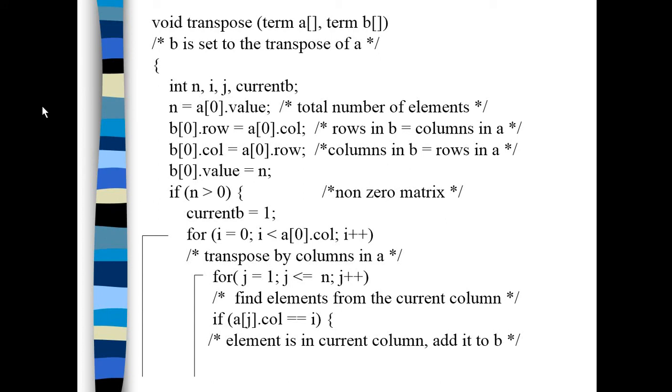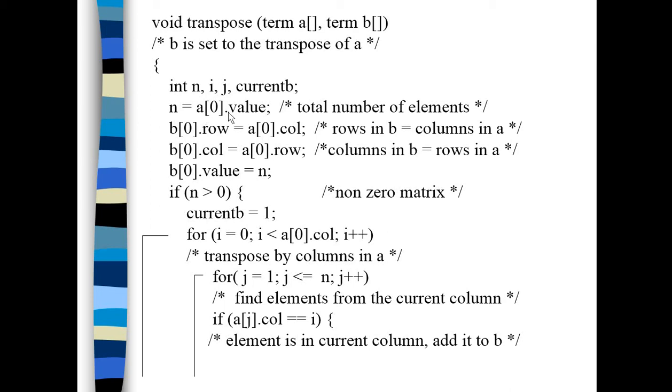Let's see the simple transpose matrix. We will pass the actual matrix and where we want to capture the transpose. A is the input and B is the transpose. We need I and J induction variables, and the current B also, so whatever necessary variables we will create.